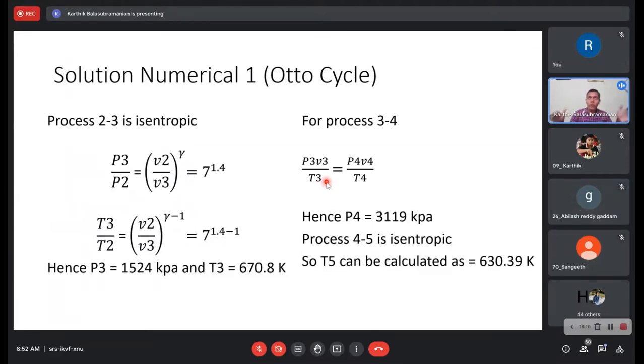So then, of course, 4 to 5 is isentropic expansion. Again, you can use PV to the power gamma as constant. So from there, we can get T5, because we can use T5 by T4 is equal to V4 by V5 to the power gamma minus 1. It's the same. I mean to say, volumes 3 and 4 are the same. In the same way, volume 2 and volume 5 are the same. So from there, you can get the value of T5.